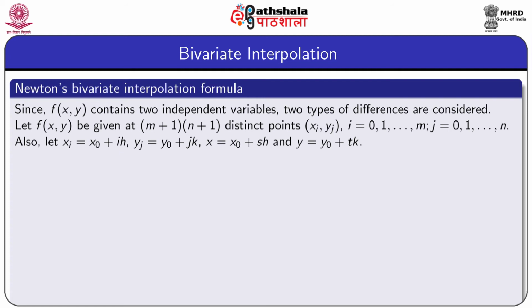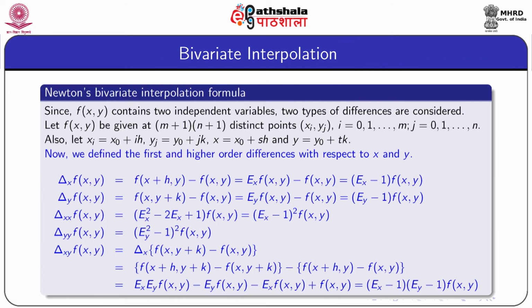This condition indicates that the arguments x and y are equally spaced. Also we assume that x equal to x0 plus sh and y equal to y0 plus tk. That means s and t are the two new variables.